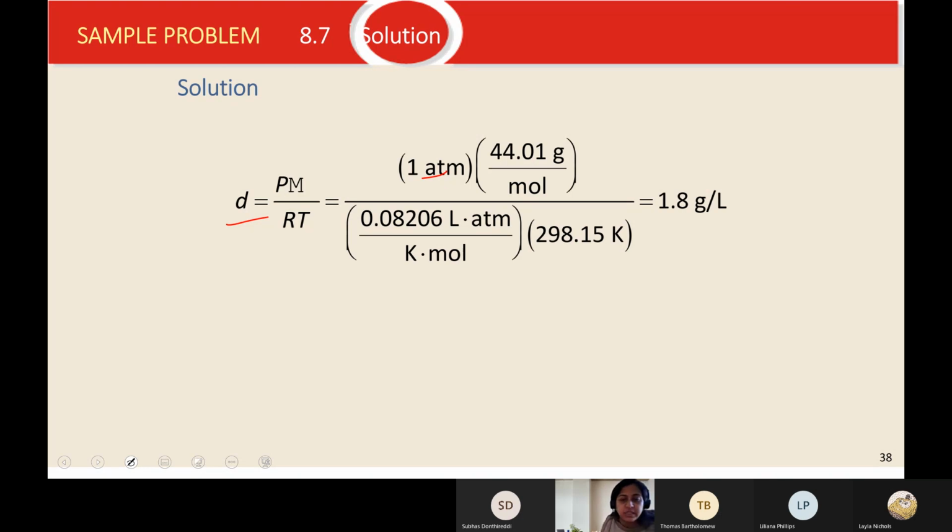The gas constant is 0.08206 liter atm per Kelvin mole, multiplied by 298.15 Kelvin. When you solve this, you will get the answer in grams per liter, and the density is 1.8 for this carbon dioxide. Like that, you can use this ideal gas law equation to calculate the density.